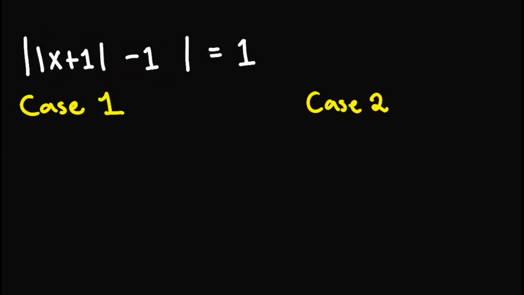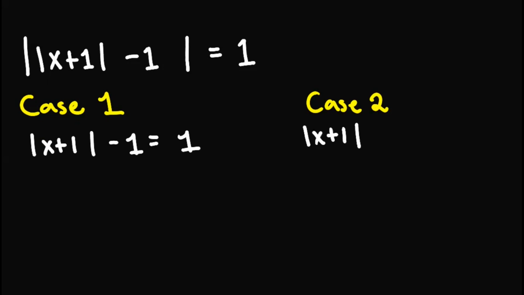So for case 1, we have the absolute value of x plus 1 minus 1 is equal to 1. And for case 2, we have the absolute value of x plus 1 there minus 1 equals negative 1. And then we solve these cases out here.